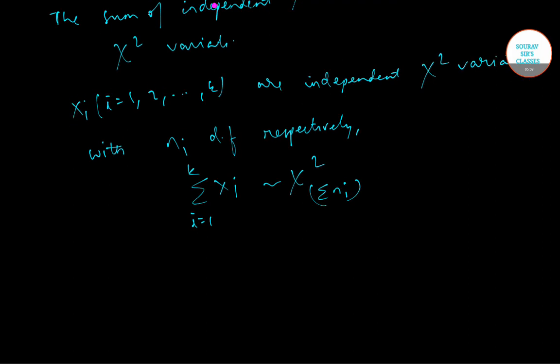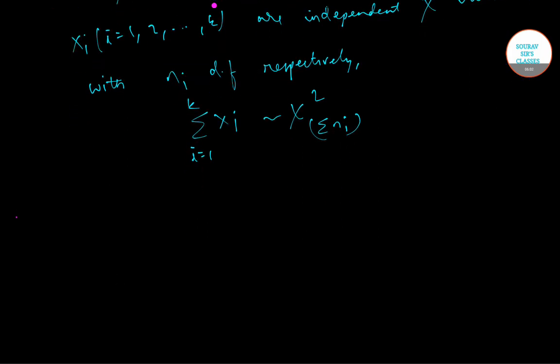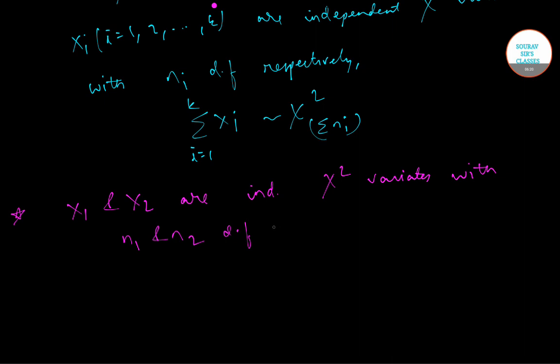Few results on chi-square distribution are, say if x1 and x2 are independent chi-square variates with n1 and n2 degrees of freedom respectively, then x1 by x2 follows beta 2 distribution with parameters n1 by 2 comma n2 by 2.